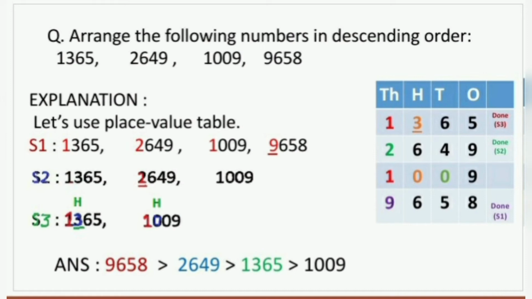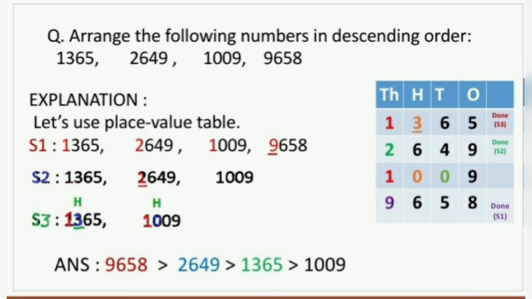Okay, now when you compare these three numbers again, which is the highest digit in the highest place, that is in thousands place, you can see 2 is the greatest number. So the second number arranged will be 2649.